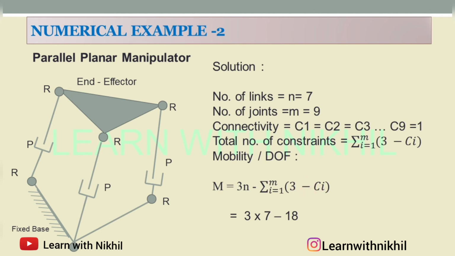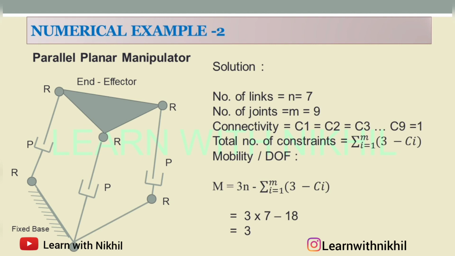So for each and every joint, here you can see it is 2, 2, 2, then 2, 2, 2, 2, 2, 2. So total it has 6 on one link. So 6, 6 and 6. So total of 18. So you get 18 constraints. And finally the answer gives us 3.